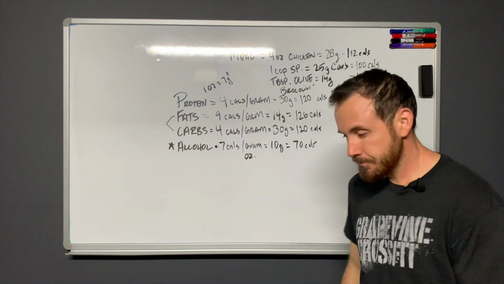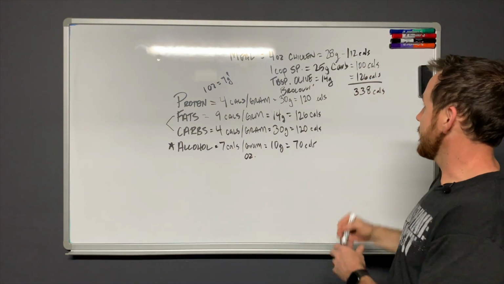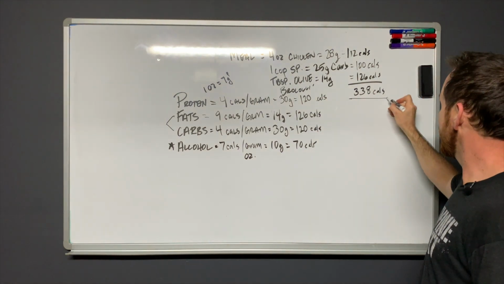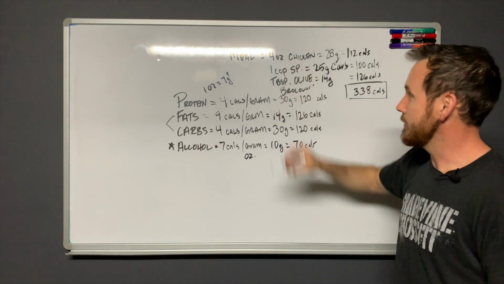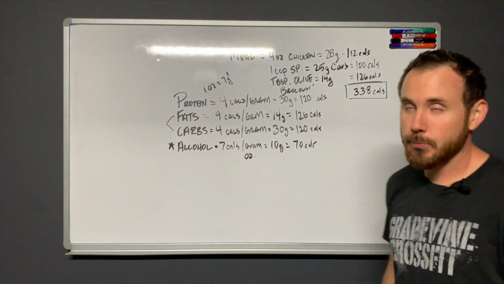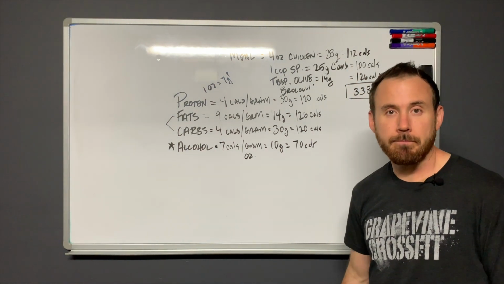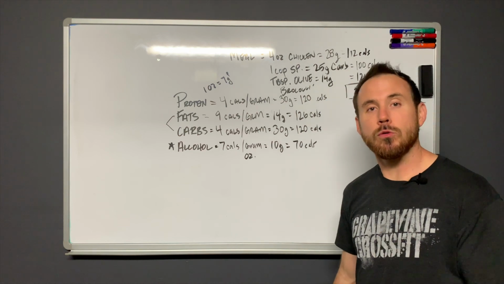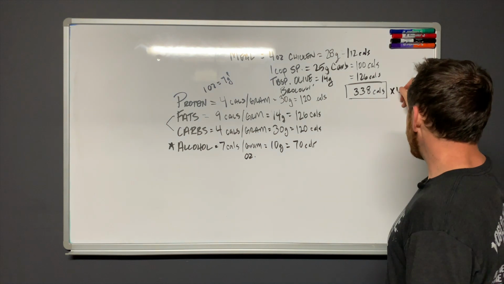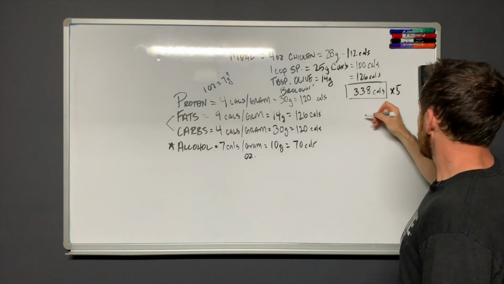So what does that mean for you? That is not a lot of calories, but if you were to see that meal on a plate, you would say, man, that's a pretty big meal. And that's why food quality matters in overall weight loss, because if we did that times 5, what does that equal?